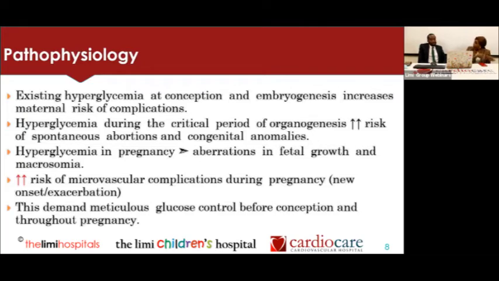Because when you have hyperglycemia during organogenesis and subsequently, you usually get consequences which include spontaneous abortion and congenital abnormality. There's a woman I sadly managed a couple of years ago. She had pre-existing diabetes before pregnancy, and the baby had congenital abnormalities of the heart.